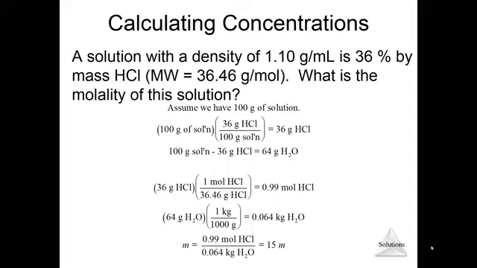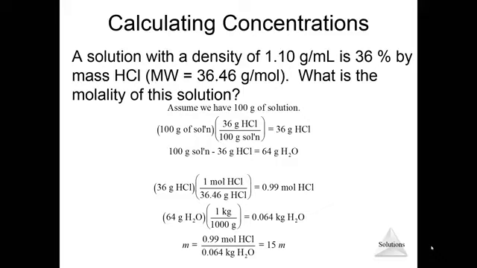Lastly, we'll take 0.99 moles of HCl, divide by 0.064 kilograms of H2O, and we'll obtain an answer that indicates our solution is 15 molal.